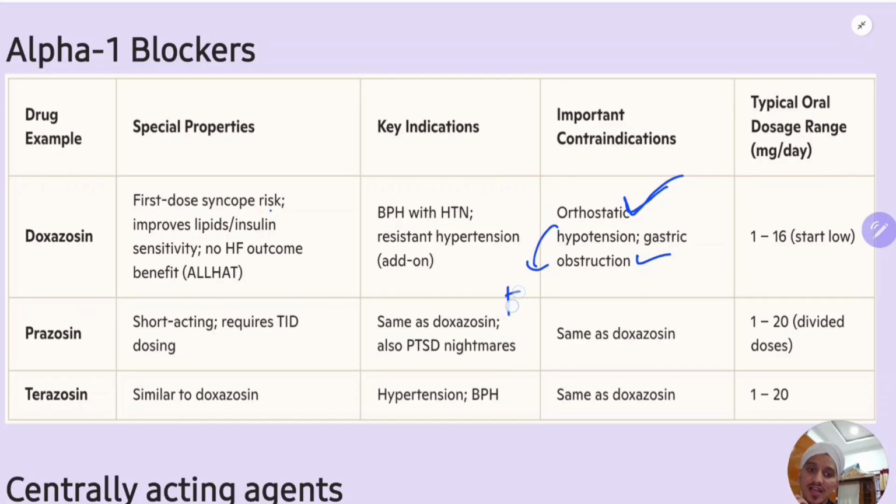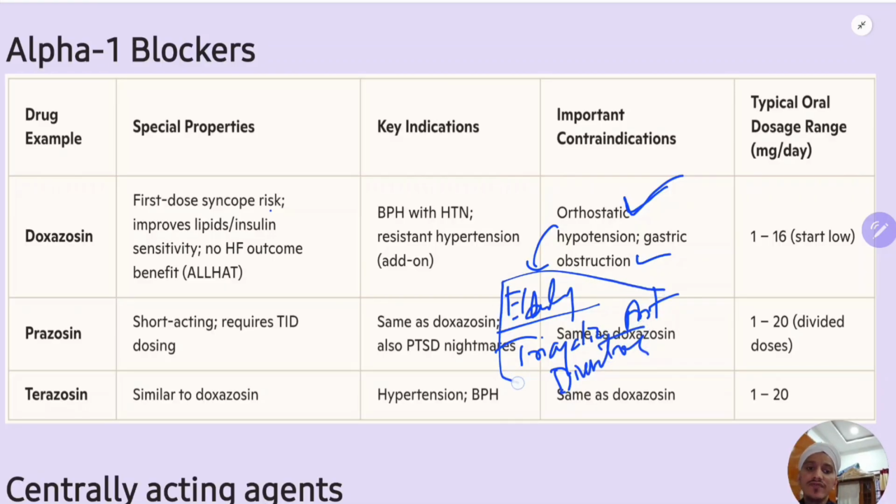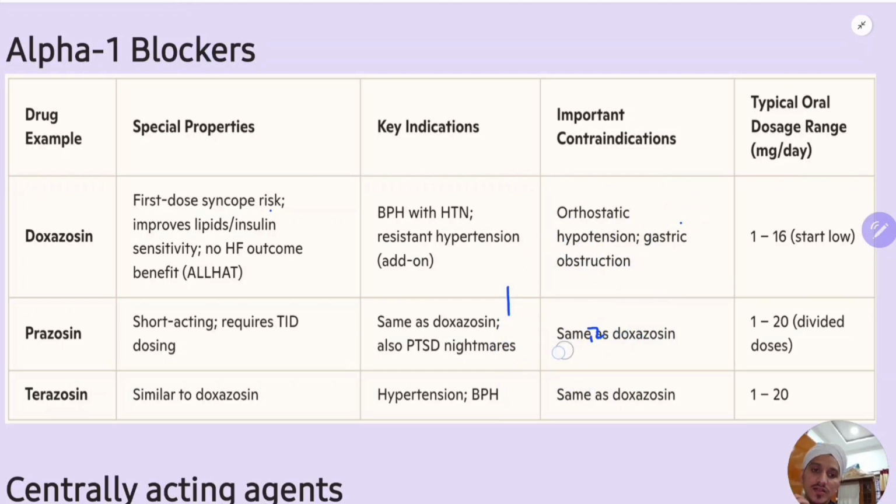Mainly this is seen in elderly patients or those patients who are on tricyclic antidepressants or diuretics, all those drugs which cause orthostatic hypotension. If you give this drug along with these drugs, that will aggravate the problem. In gastric obstruction, you should not use this doxazosin. Same contraindication to doxazosin, prazosin, or terazosin: orthostatic hypotension, gastric obstruction.